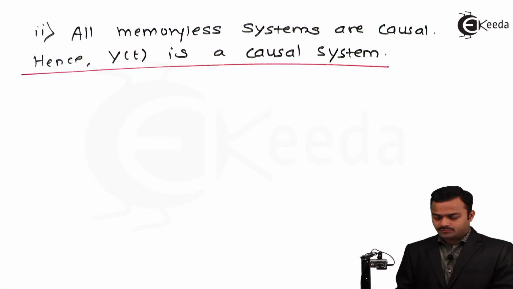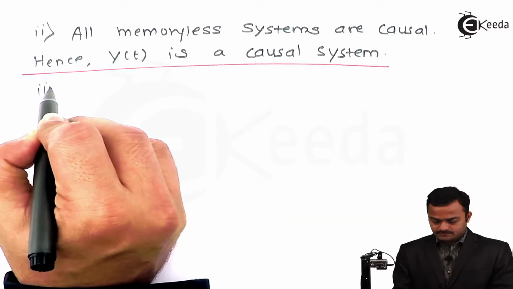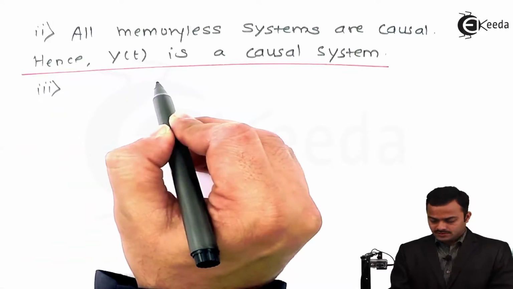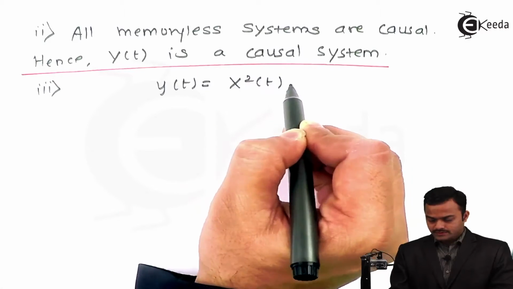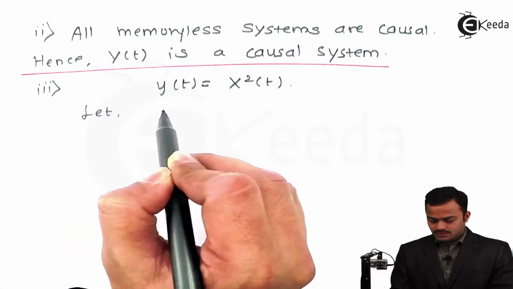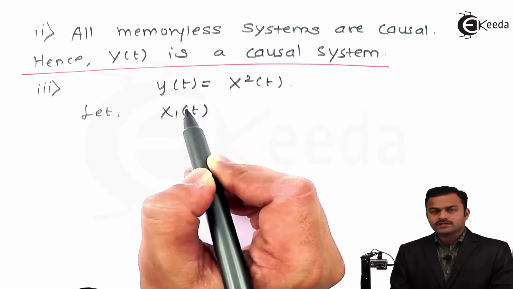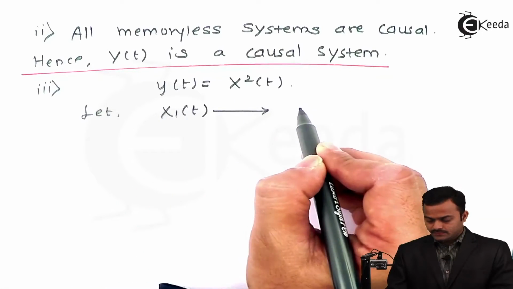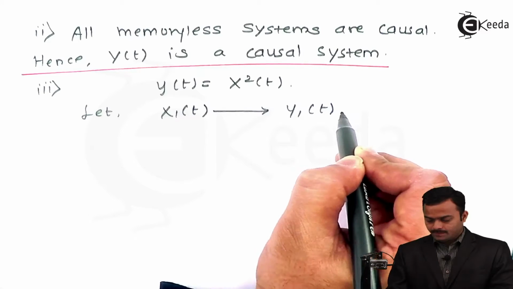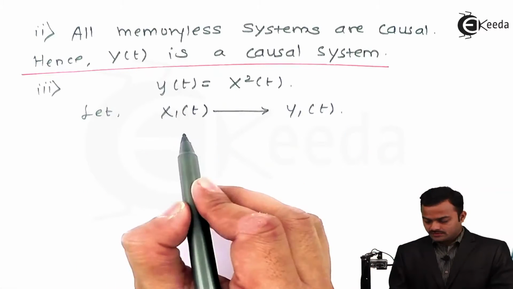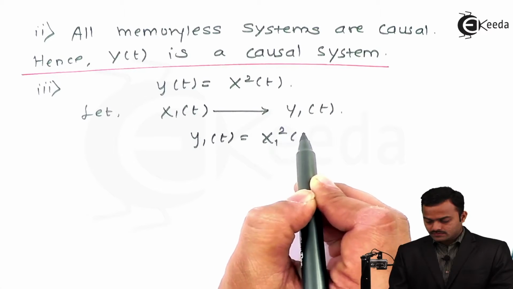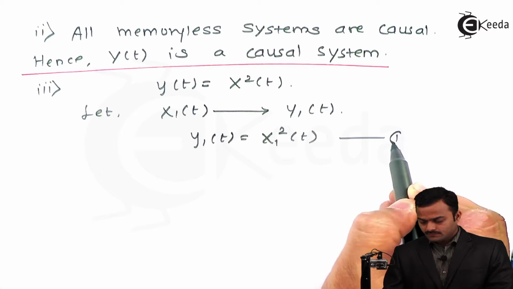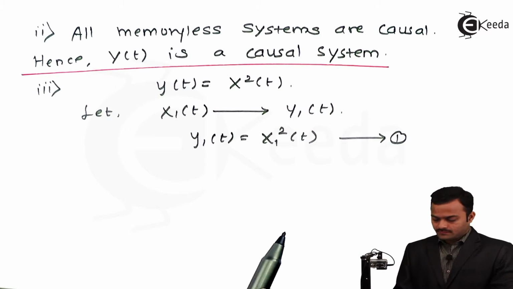Let's discuss the third property, linearity. The system is y of t equal to x square t. To this system, let input x1t be applied, which will give the output y1t. As per the system equation, y1t is x1 square t. Equation number 1.